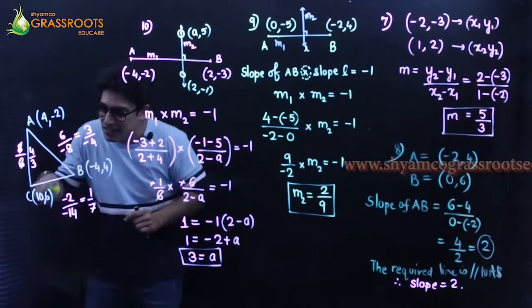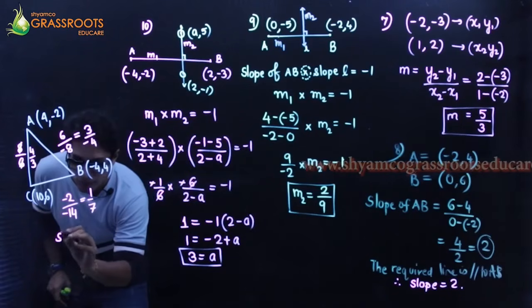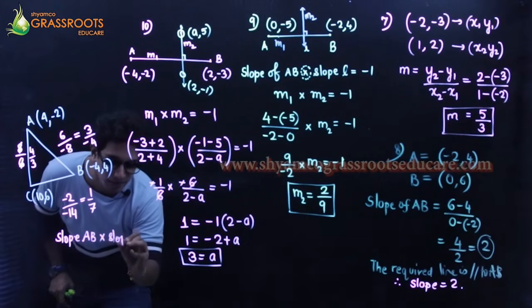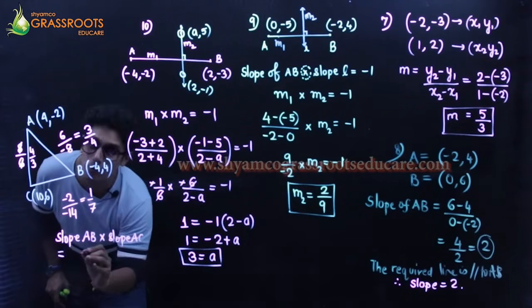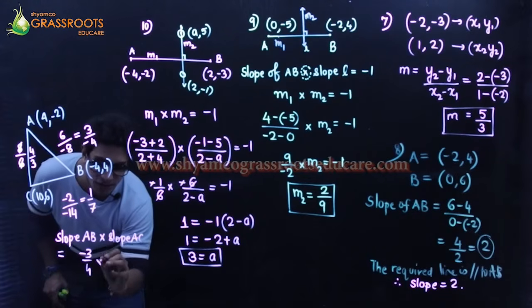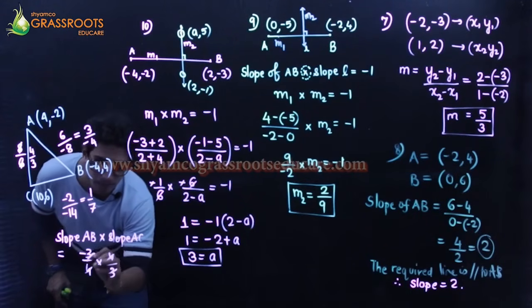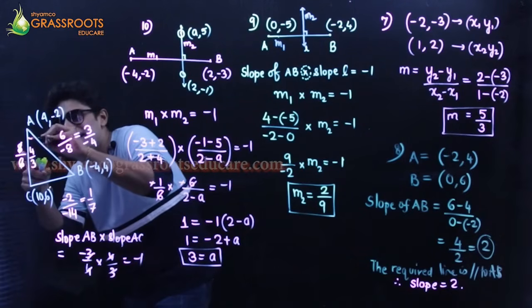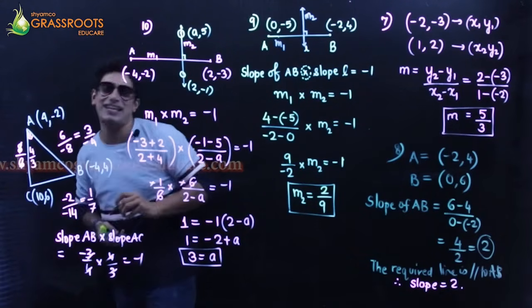I think AB and AC. Slope of AB into slope of AC is minus 3 by 4 into 4 by 3. Isn't the answer minus 1? That means the 90 degrees perpendicular is at A.